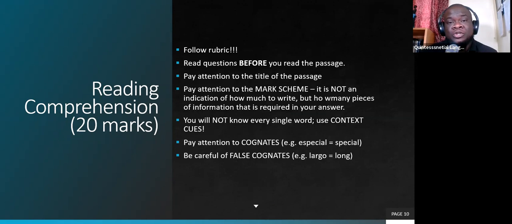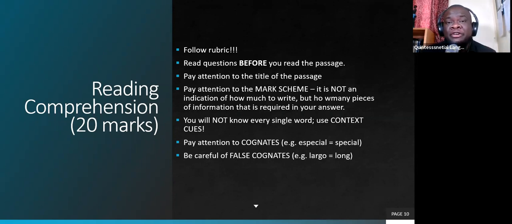And then by reading the questions, you know: I don't need to know every single piece of information given in the passage. Just these things I need to know. So pay attention to those things. Read the questions before you read the passage and pay attention to the title, and then go about reading your passage, right? Pay attention to the mark scheme.